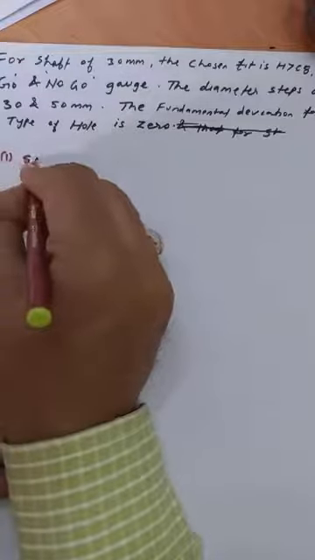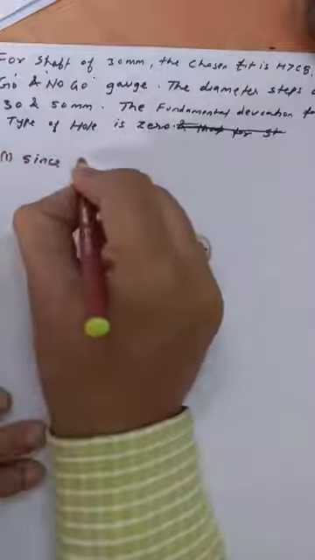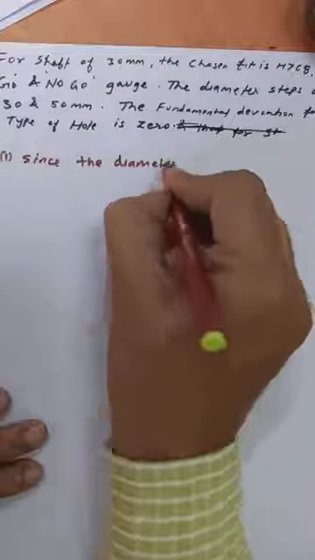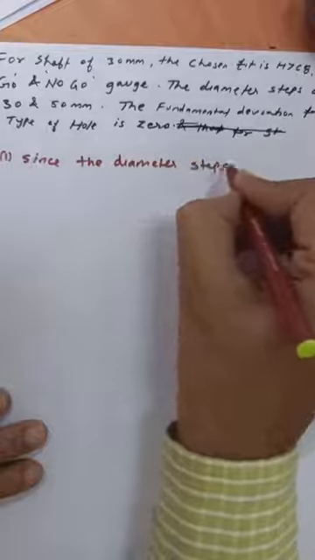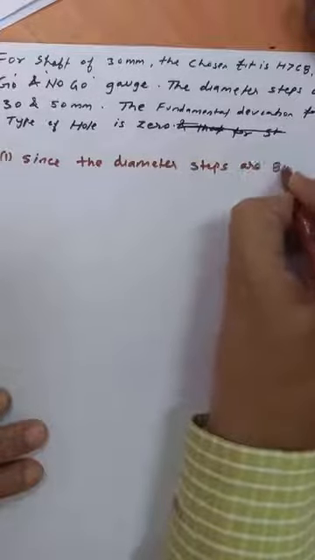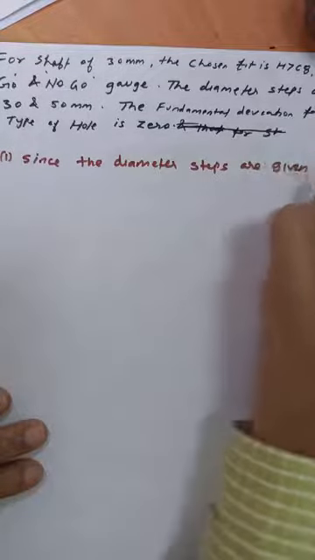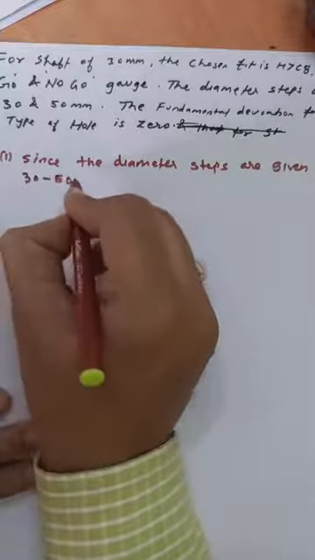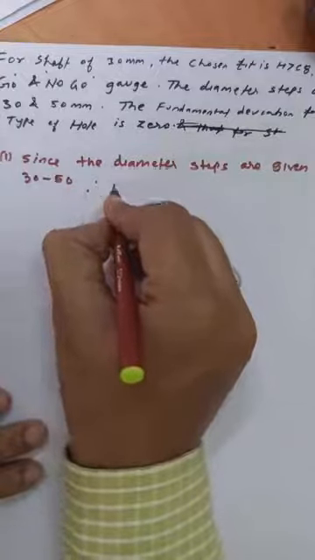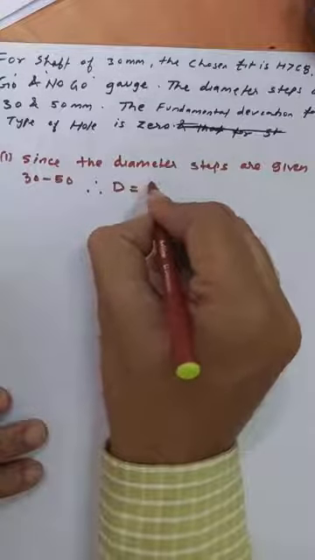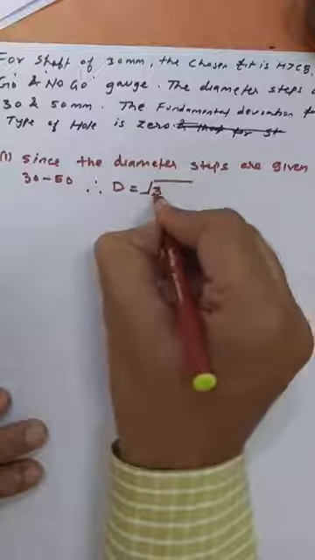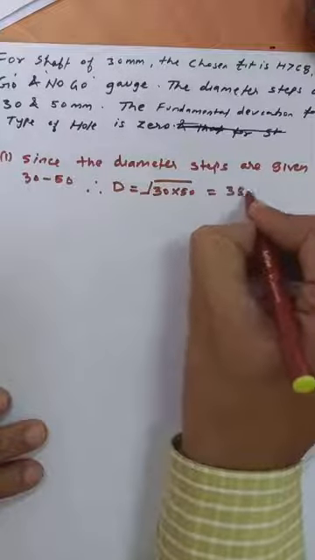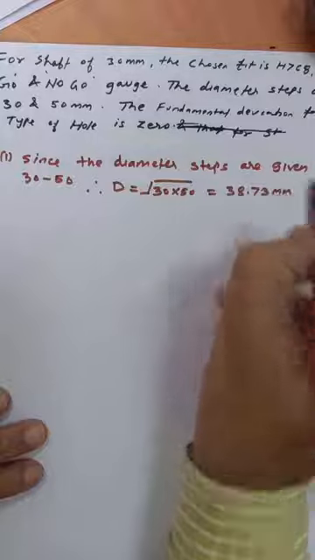Since the diameter steps are given as 30 to 50, we have to calculate D. So D is equal to the square root of 30 into 50, which comes to be 38.73 mm.